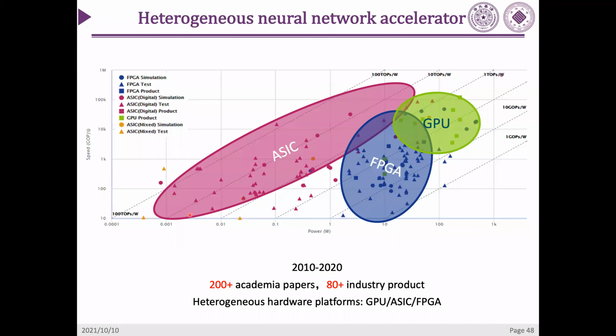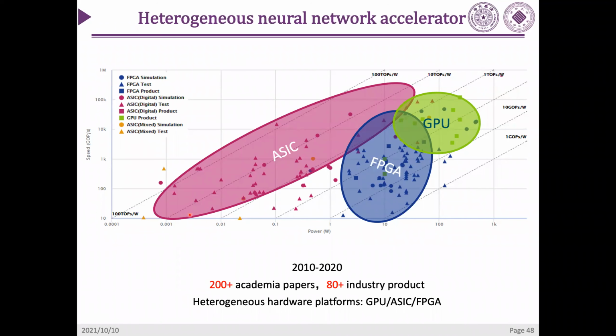We put more than 200 academia papers and 80 industry products on this figure. Most of them are ASICs, FPGAs, and GPUs. We can see that the three hardware platforms have relatively obvious range differences.